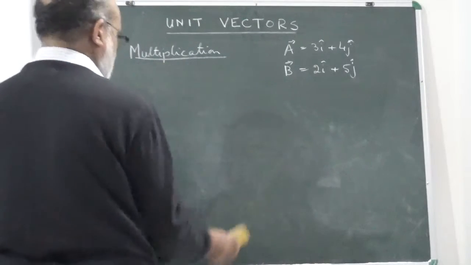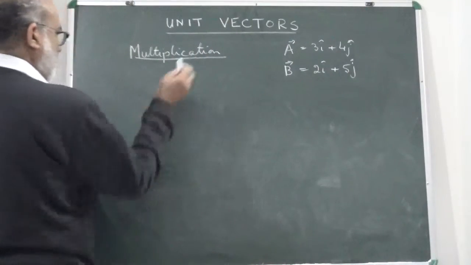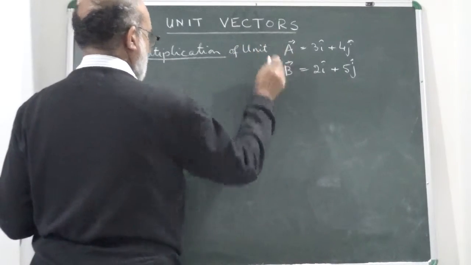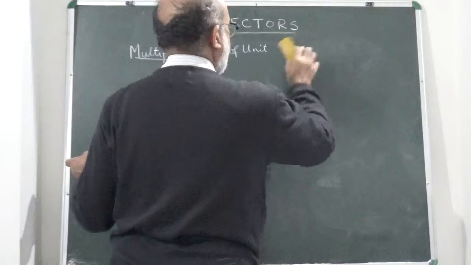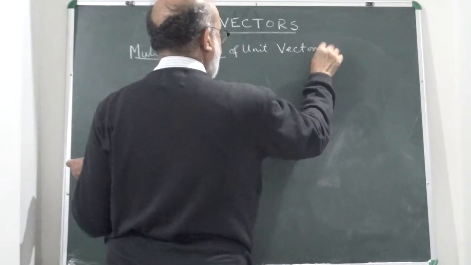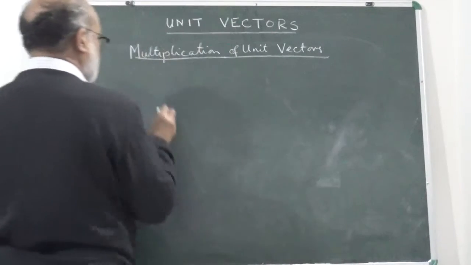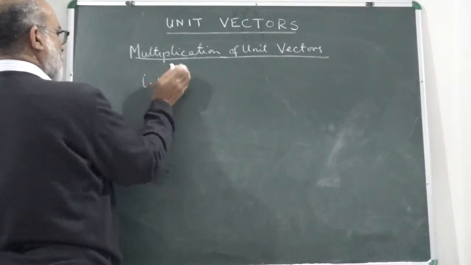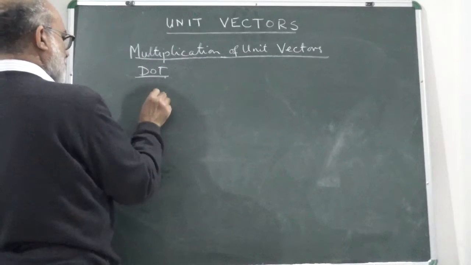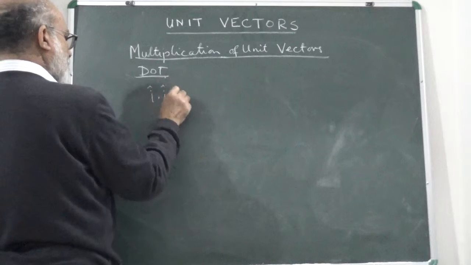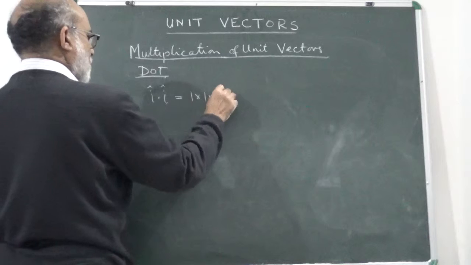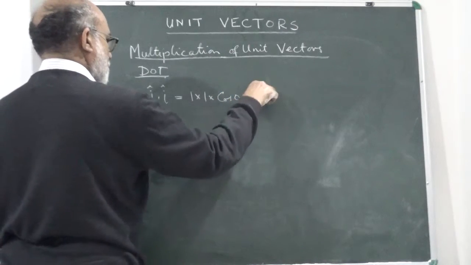Now the multiplication of unit vectors. Suppose first we are doing the dot product. So it is i dot i, it's 1 into cos 0. This is 1.